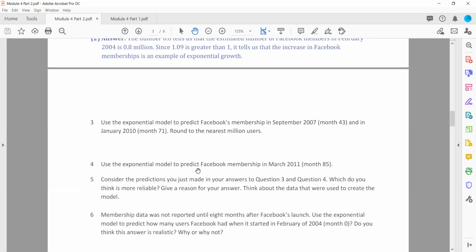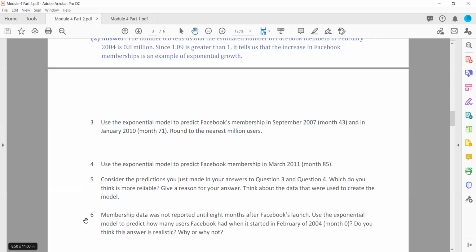Use the exponential model to predict Facebook membership in March 2011, 85 months after the Facebook website was launched. And 5, consider the predictions you just made for questions 3 and 4. Which do you think is more reliable? Give a reason for your answer. Think about the data that were used to create the model.